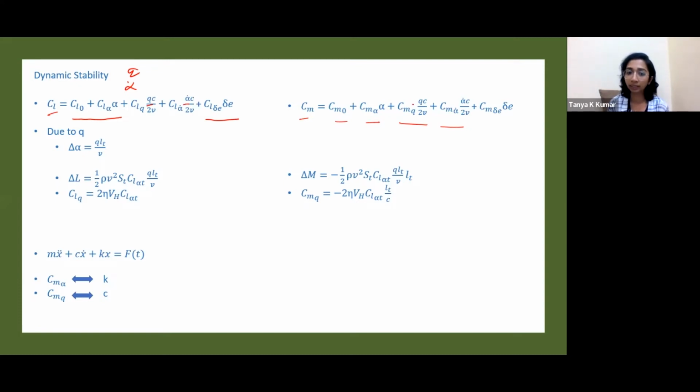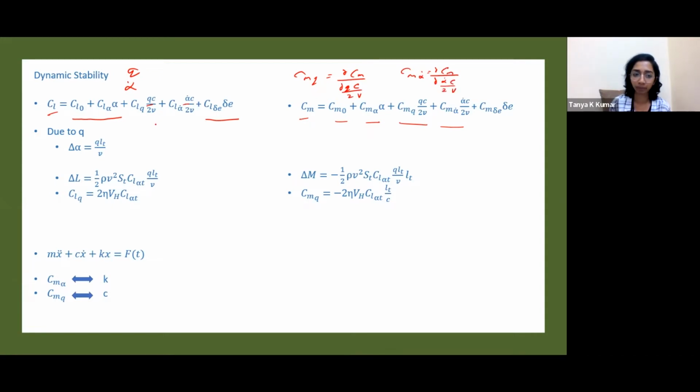Similarly, the CMQ will also have this Qc by 2V. So CMQ would be dou CM by dou Qc by 2V. Similarly, CM alpha dot would be dou CM by dou alpha dot c by 2V.